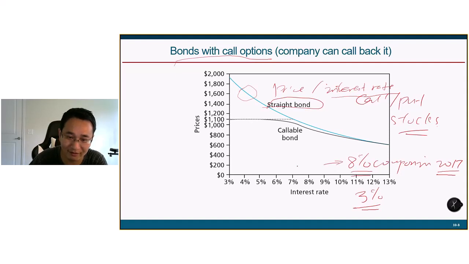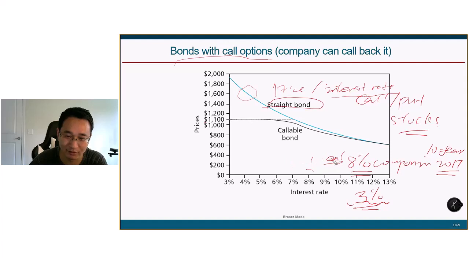It's a bad deal, especially if they issued a 10-year bond at 8%. They probably want to make some changes. So what they can do is call it back. They will always say how much they will call back for.